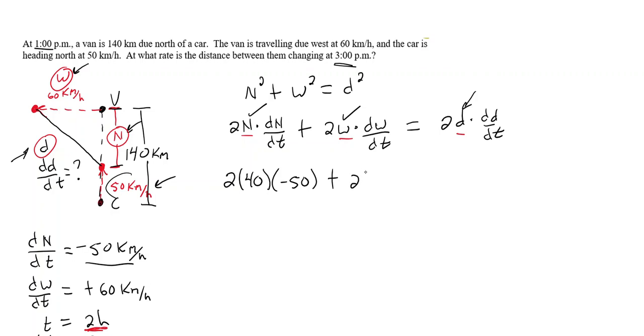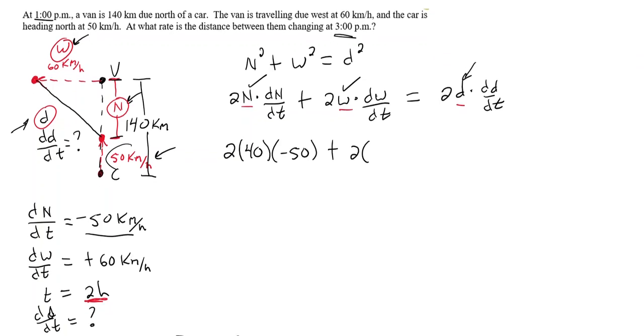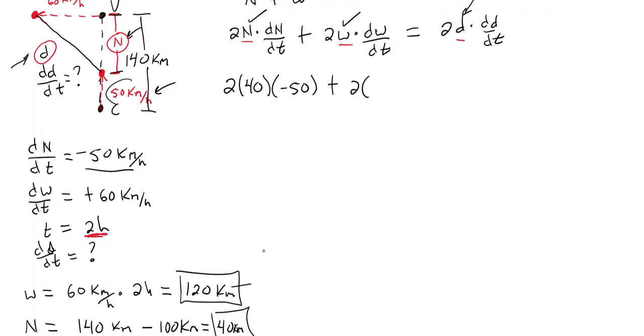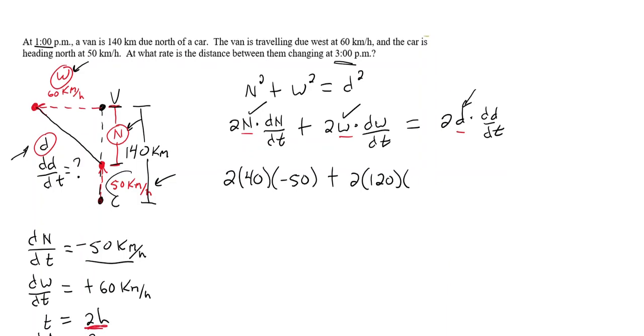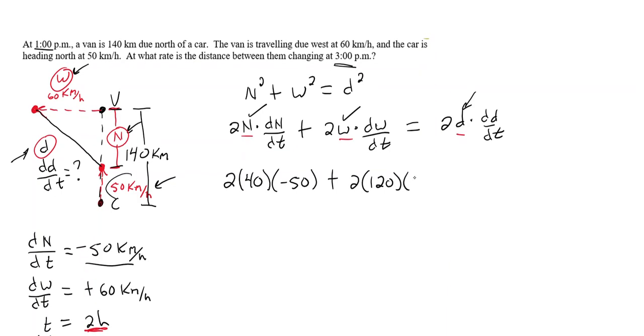Plus 2 times, and then our w was 120 times dw dt, which was our rate there, so that's positive 60, is equal to 2 times, and then our d was the one we just found, so 126.5 we said. And then what's left is dd dt. That's great. So now we can just solve for this.